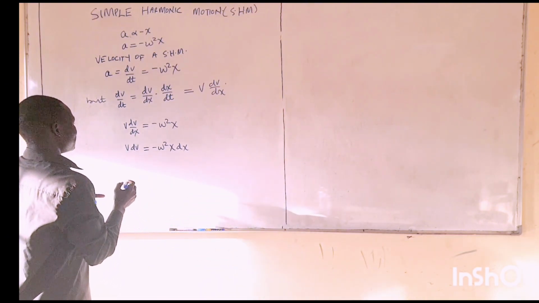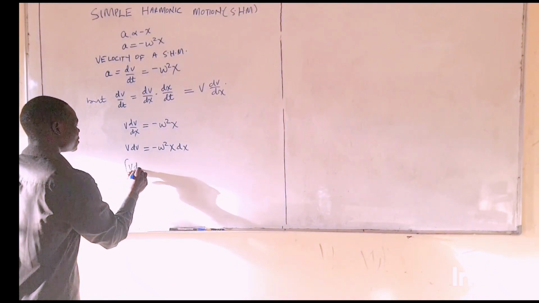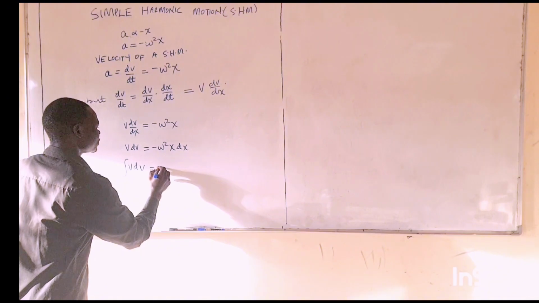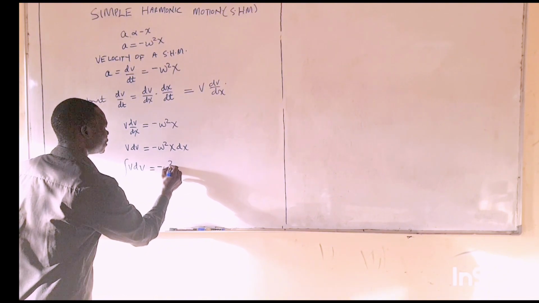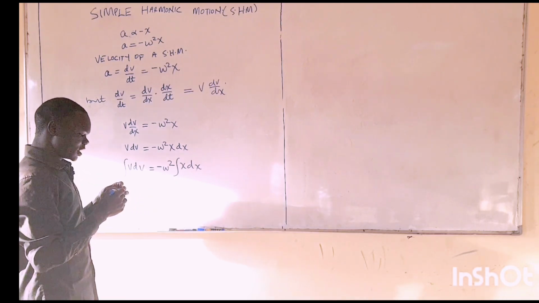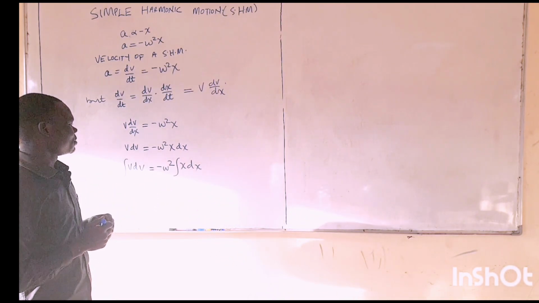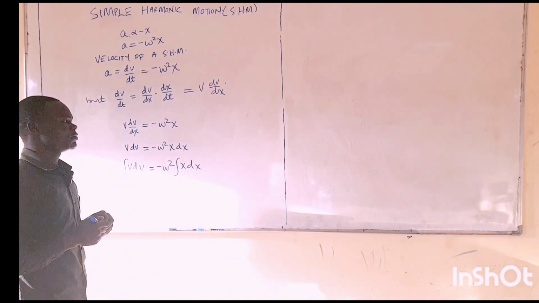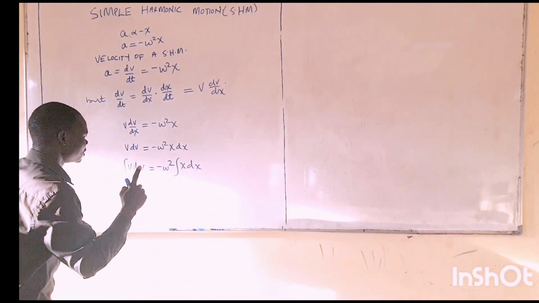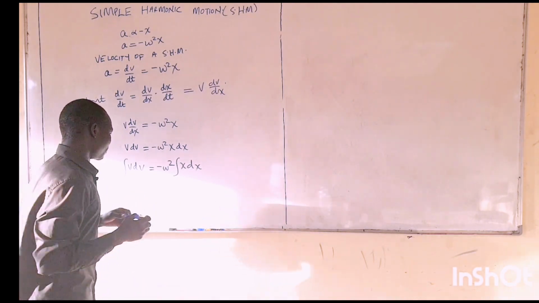By integrating both sides, we shall have v dv is the same as negative mu squared integral of x dx. We are putting negative mu squared outside because it is a constant, it does not depend on x. If we are integrating, we increase the power by 1 and divide by the new power.